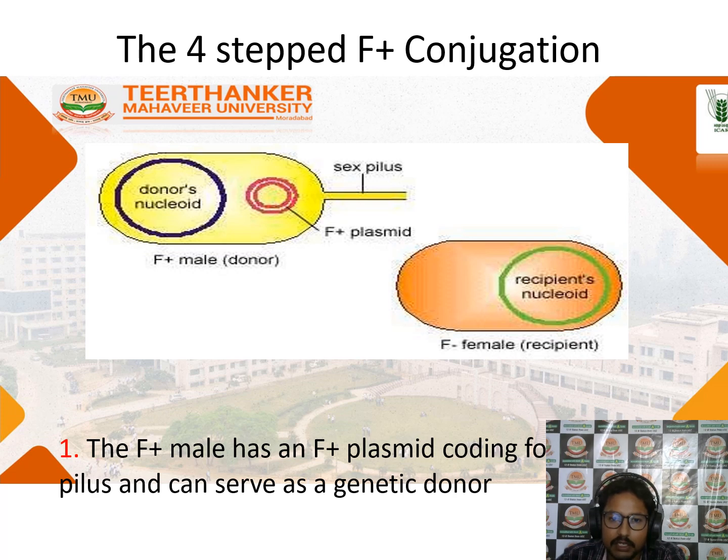First, here we can see the F plus male, which contains the F plus plasmid, the F factor, the fertility factor plasmid. This acts as the donor bacterium, and the F plus plasmid contains genes that form the sex pilus structure.